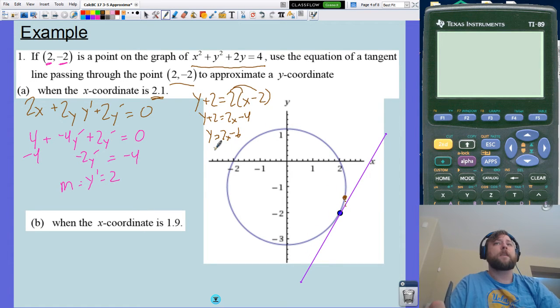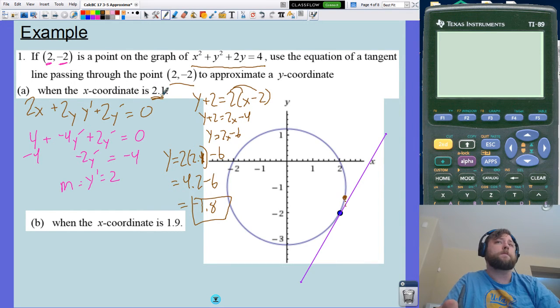Now I plug in 2.1 for x. So y equals 2 times 2.1 minus 6, which is 4.2 minus 6, which is -1.8. So the approximation for y is -1.8 at 2.1.